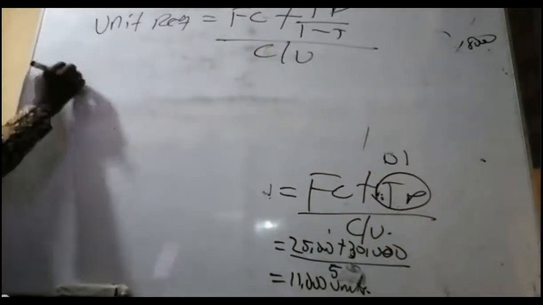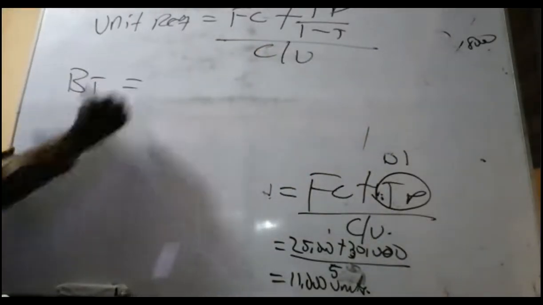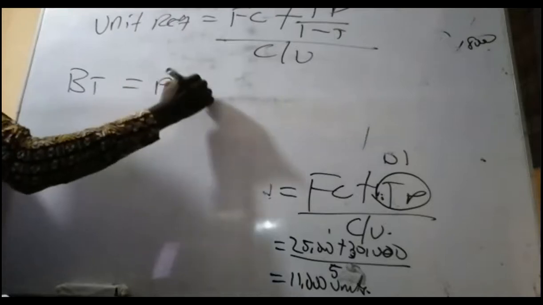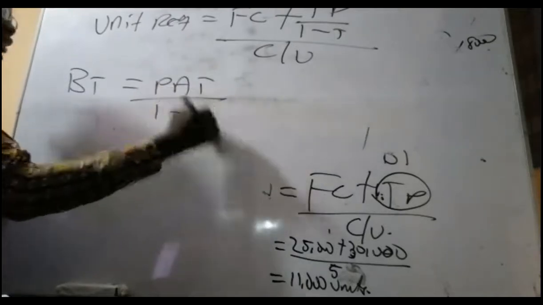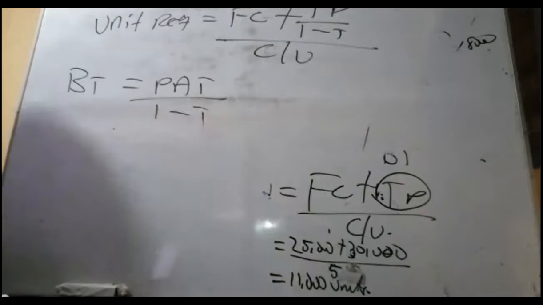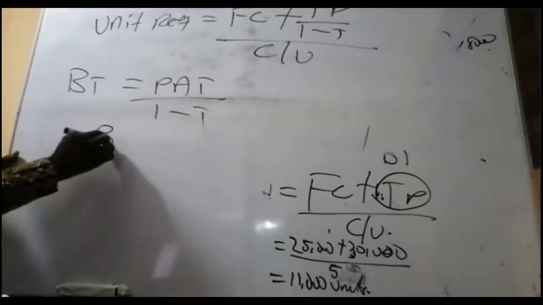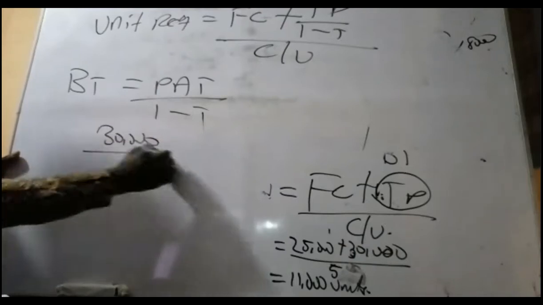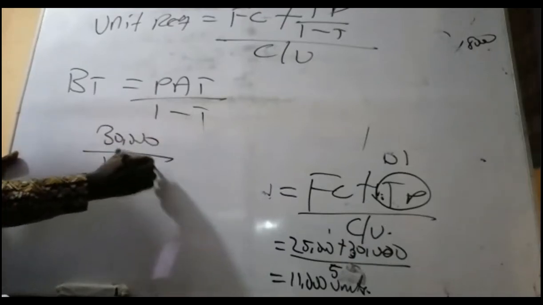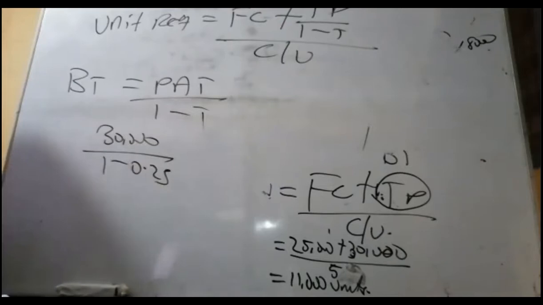So it means that profit before tax is also equal to your profit after tax divided by 1 minus T. So in this question, the profit after tax is 30,000, right? Divided by 1 minus 0.25.